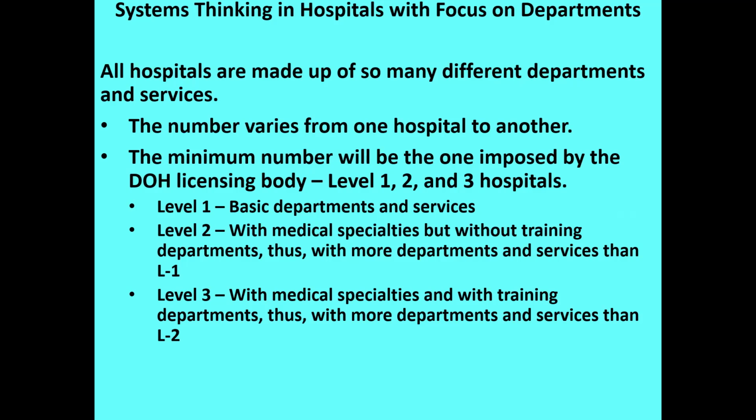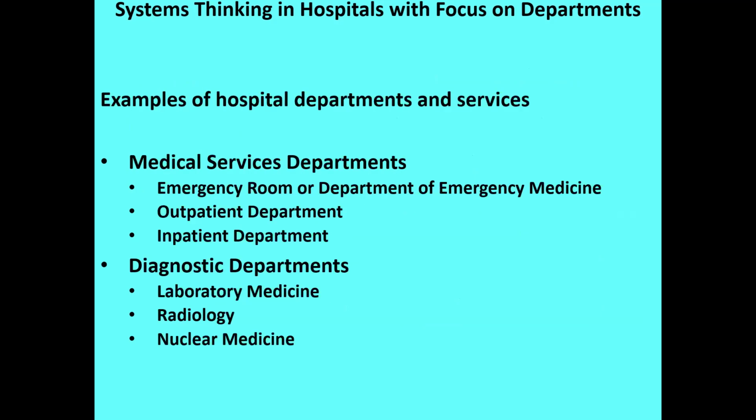In level three, it could be the same as level two, except that there are training programs already. But usually level three has more different departments and services. Examples of hospital departments and services are the following. I just grouped them in several categories.